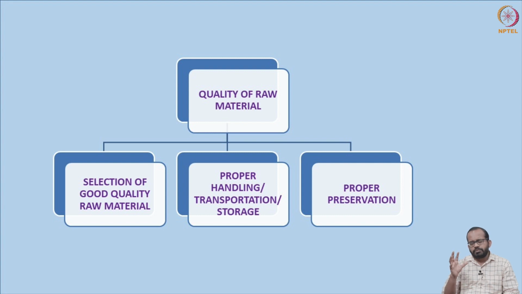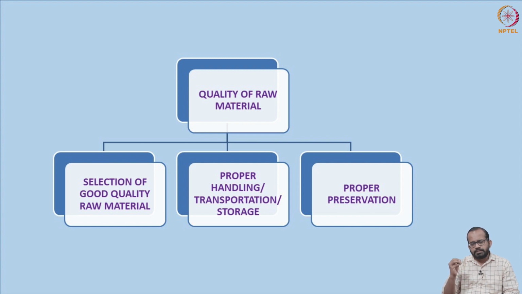So the maintenance of the cold chain is going to be very important for an efficient canning unit, because mostly we use fresh raw material for canning. The fresh raw material has to be handled through a properly maintained cold chain facility from the first point to the final point. The time and temperature combination has to be maintained.